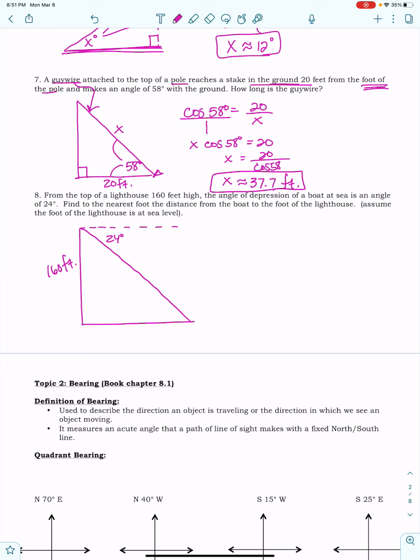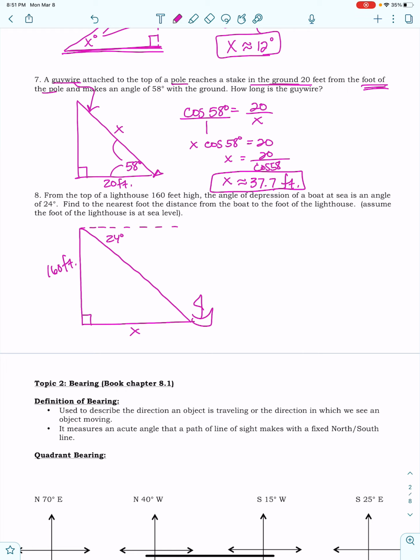And the boat is out here. I'm not an artist. I don't want any judgment. Okay, so there's the boat. So find the nearest foot, the distance from the boat to the foot of the lighthouse. So we are looking for that right there. Assume the foot of the lighthouse is at sea level.